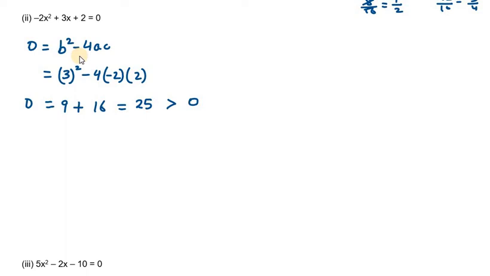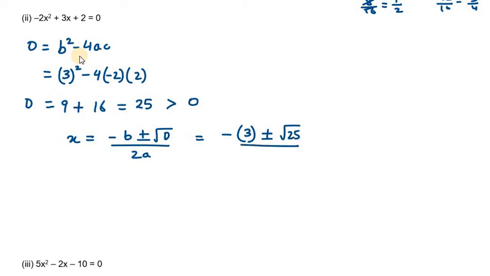So let's find out the value of roots. Minus b plus minus under root D over 2a. So minus b is 3, plus minus under root 25 over 2a. a is minus 2. So we get two values. Minus 3 plus minus under root 25, which can be written as 5, over minus 4.